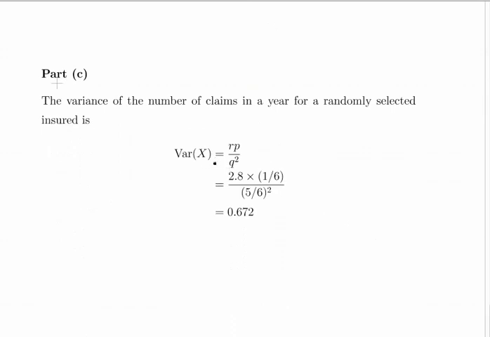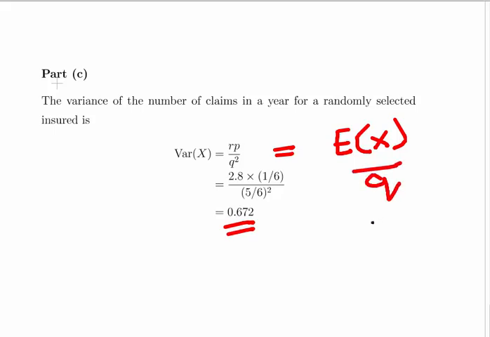Variance is something similar: r times p divided by q squared, 2.8 times 1 over 6 divided by 5 over 6, and that is 0.672. This is actually the expected value of x divided by q, if you want. That's another way of looking at it. So I just divided by q again.